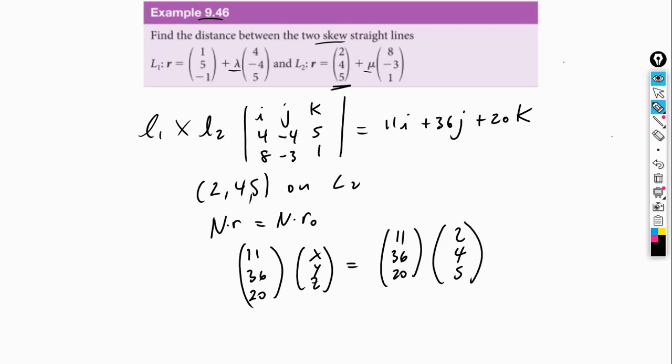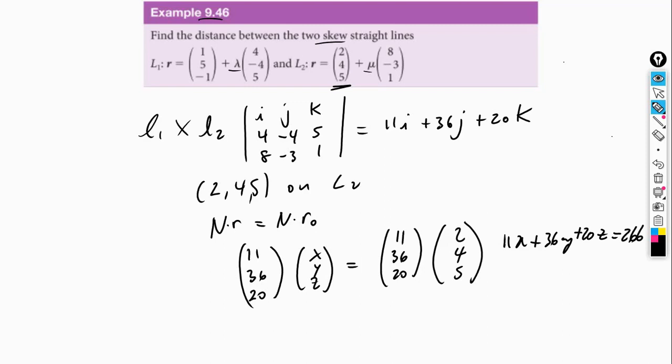So from here, we're going to get 11x plus 36y plus 20z equals 266.